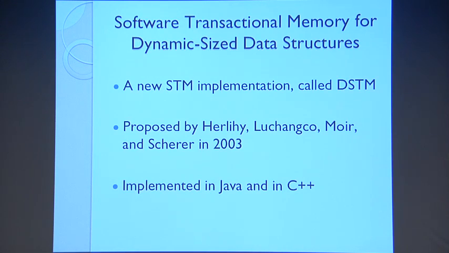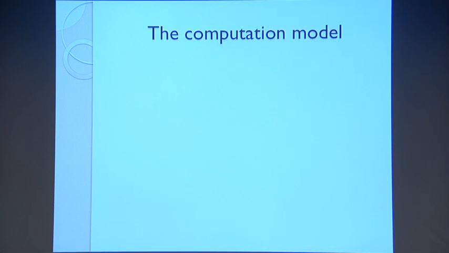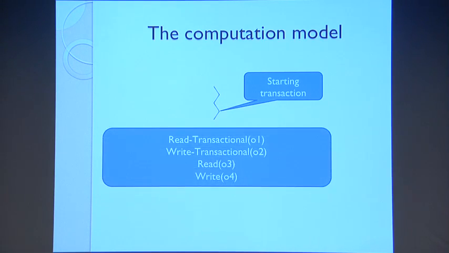First, before we go into the details of how they work, let's be on the same page and look at the computation model. We've got threads in our application. They run, and sometimes they want to execute a transaction. To do that, they need to say, I want to begin a transaction here. Then they can do operations like transactional reads from some objects and transactional writes to some objects.